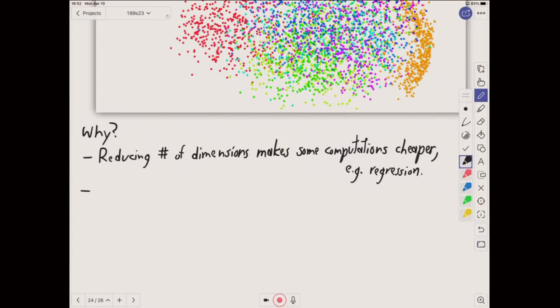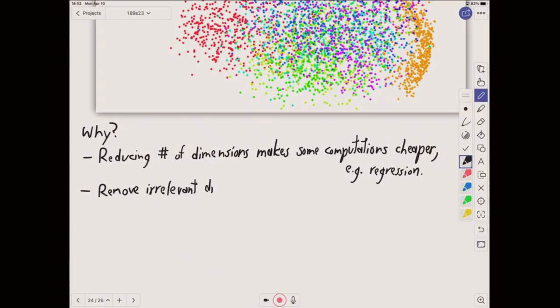Along the way, you might find another advantage that is related to subset selection. Remember that if we have features that are not predictive, throwing them away often gives us better generalization to new examples, better test error. PCA gives you another way to remove irrelevant dimensions or irrelevant information.